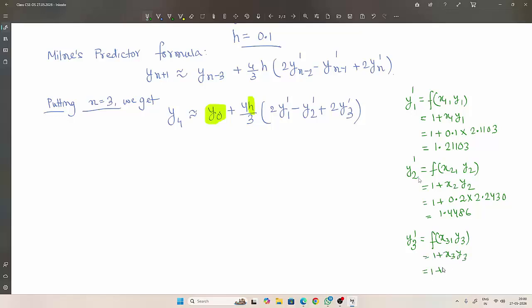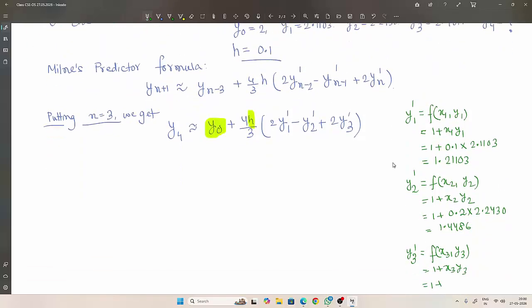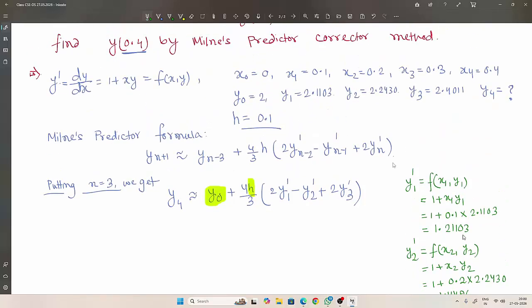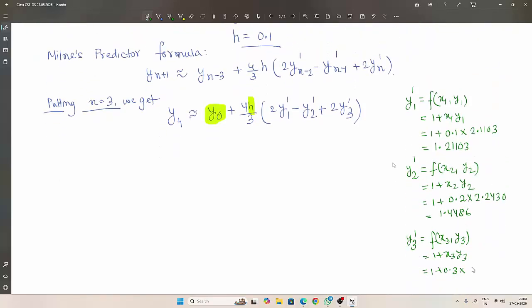The x3 value was 0.3 and the y3 value was 2.4011. If you multiply it, you get 1.72033. Now these are the y1', y2' and y3' values.